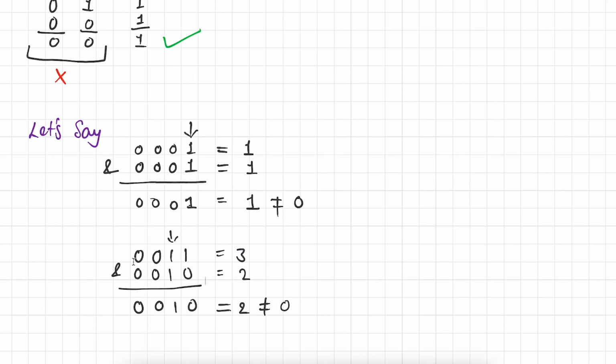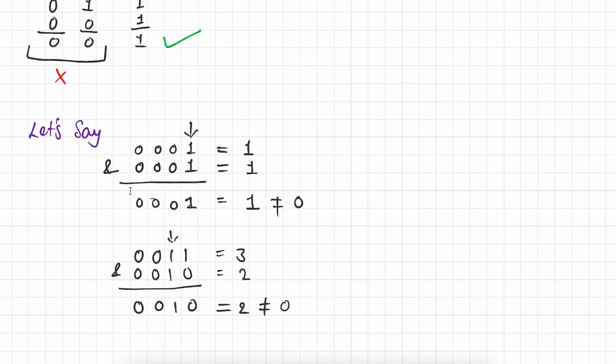If we bitwise AND both the numbers, we get a number that is also not equal to 0, right? So we can learn from this experiment that if we want to check if the kth bit is set or not, then we need a number whose kth bit is set and all other bits are 0, and then we bitwise AND both the numbers. If we get a number that is not equal to 0, it means the kth bit is set. Okay, so remember these two facts.